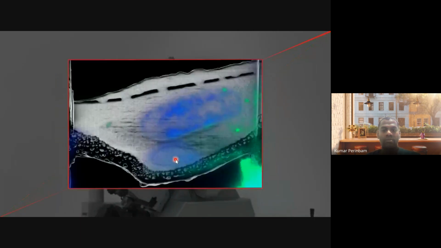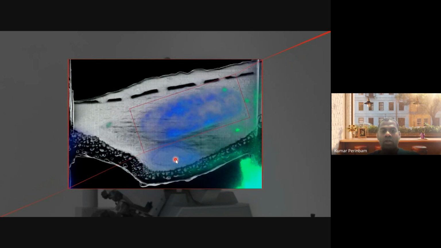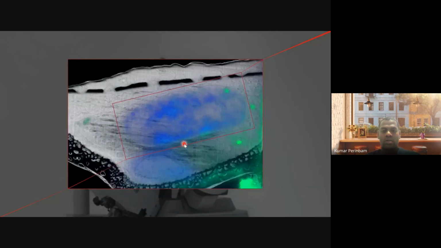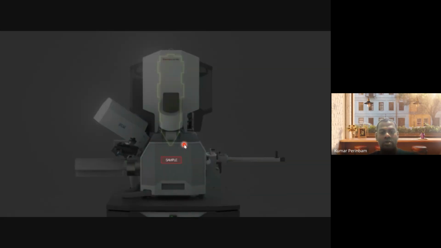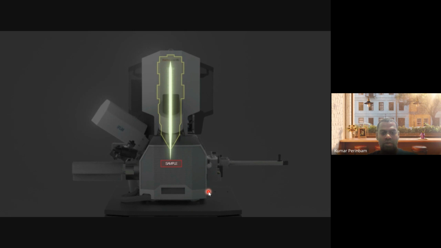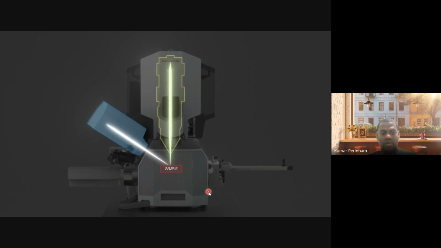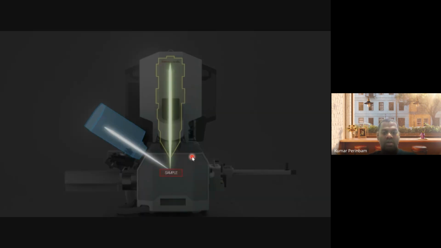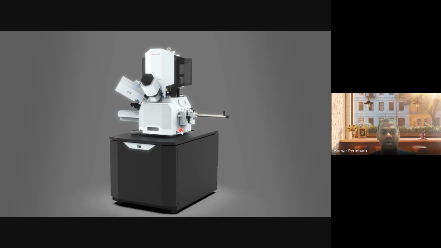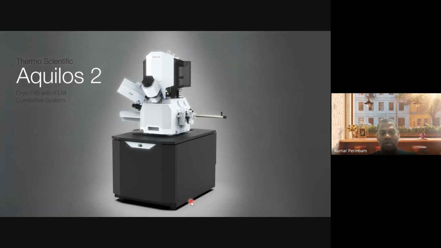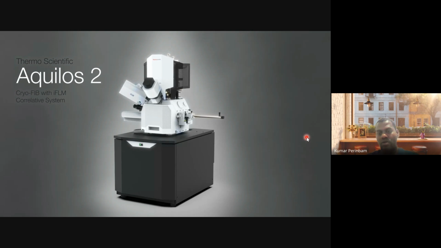With integrated fluorescence, you can monitor FIB milling to ensure cellular target regions are within the final lamella. Fluorescence integration gets rid of an extra transfer step, making correlation between light and electron microscopy easier and faster. Search less, discover more. Illuminate your cryotomography workflow with the power of integration.